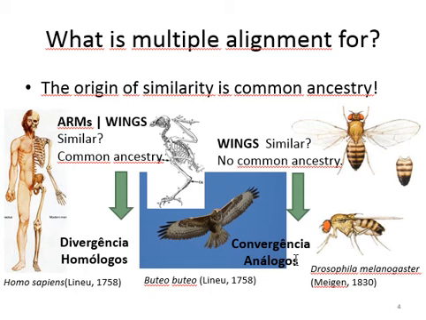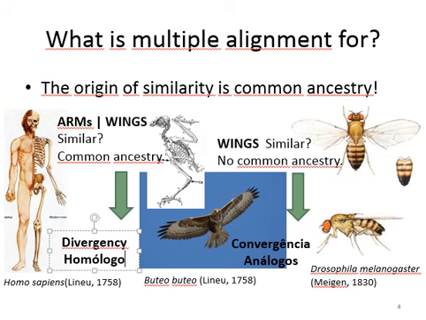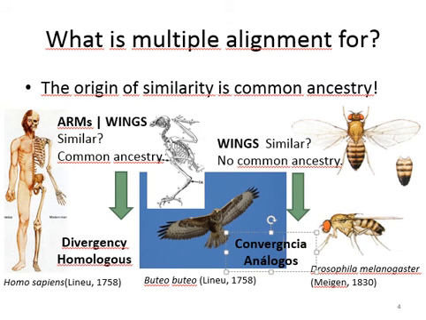I'm sorry, these words are in Portuguese, but you will learn them as in English: divergency and homologous. So having a common ancestor. If they evolve by convergency, they are called analogous, and they don't have a common ancestor.